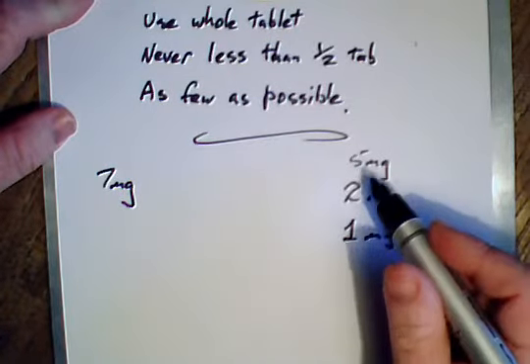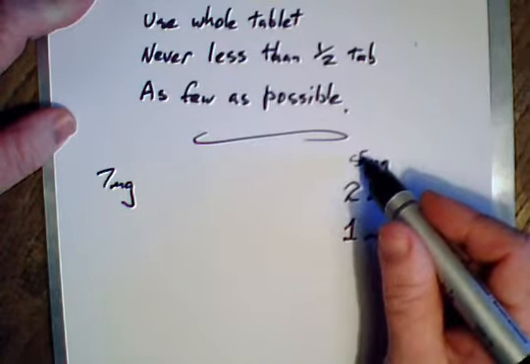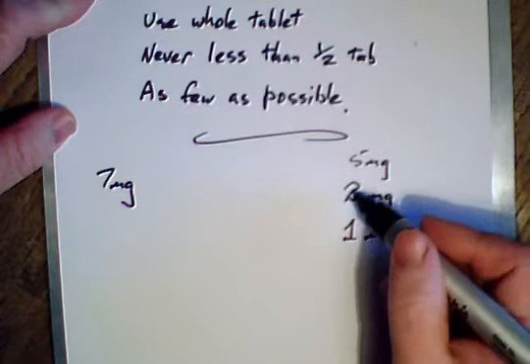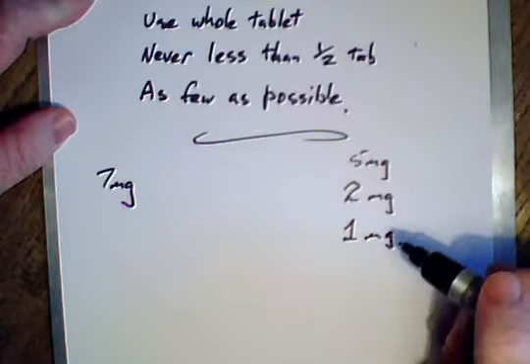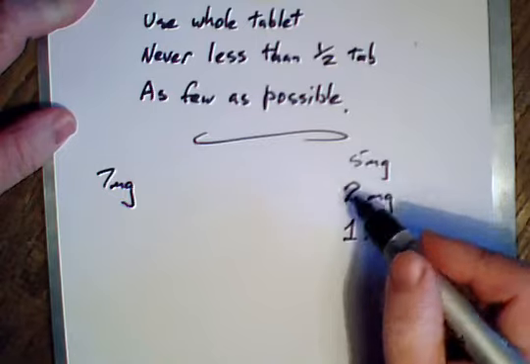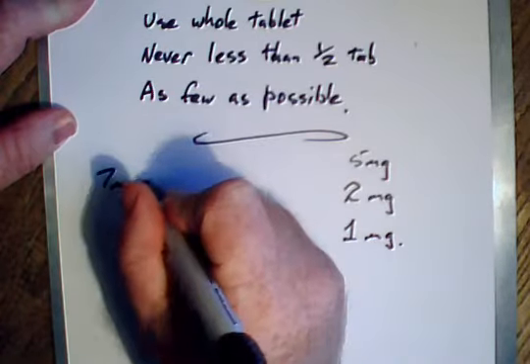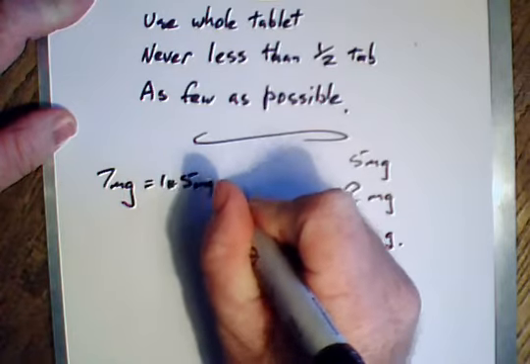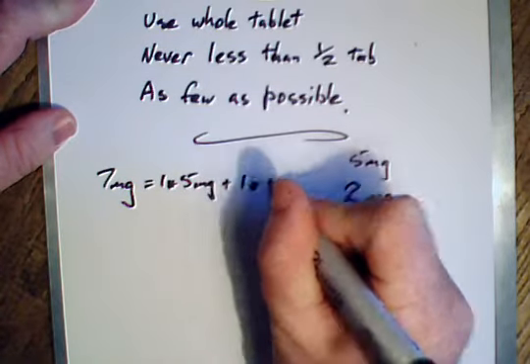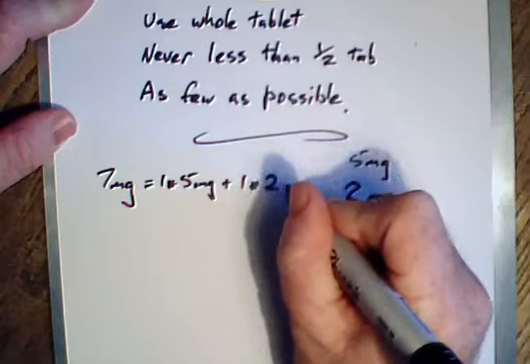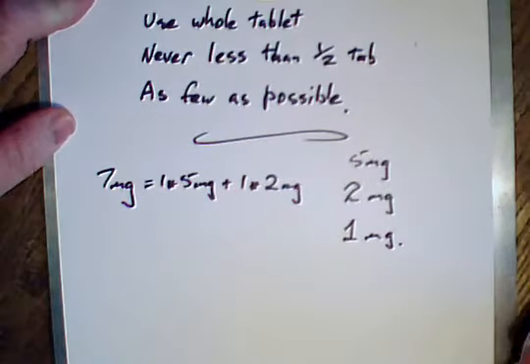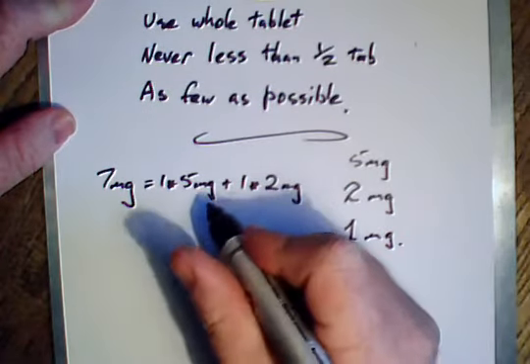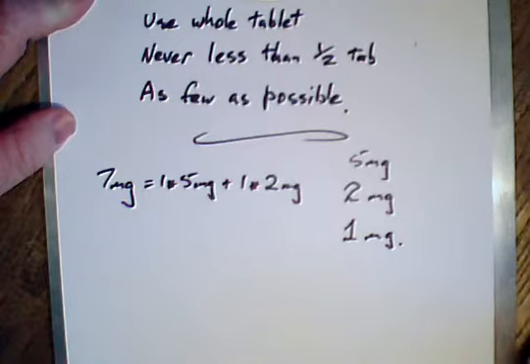Still not very good. What would be ideal is giving a single 5 milligram and a single 2 milligram. Okay, so that's 5 and 2 is 7. So 1 times 5 milligram plus 1 times 2 milligram. Okay, so we've given 2 tablets and we've achieved the dose.